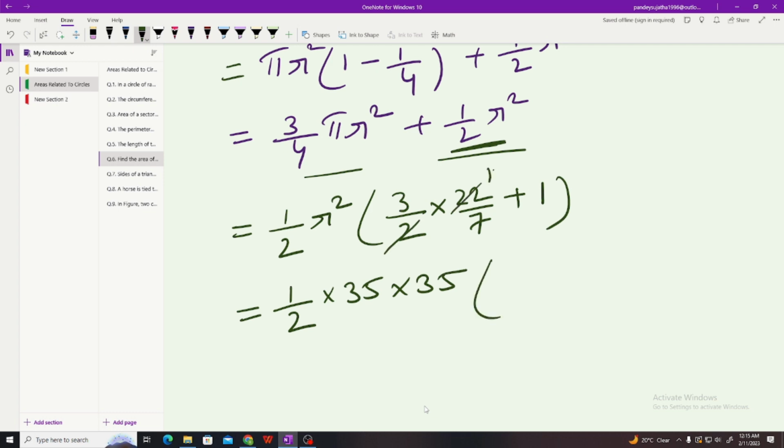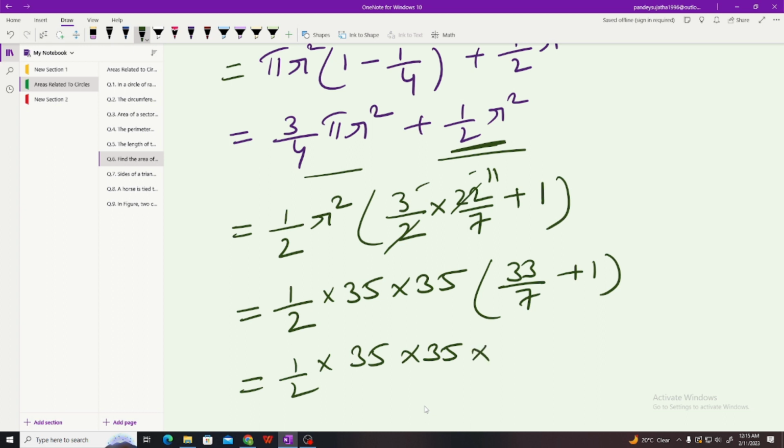Cancel this. So 3 into 11 is 33 upon 7 plus 1. So it is half into 35 into 35 into, when we solve this we get 40 upon 7.